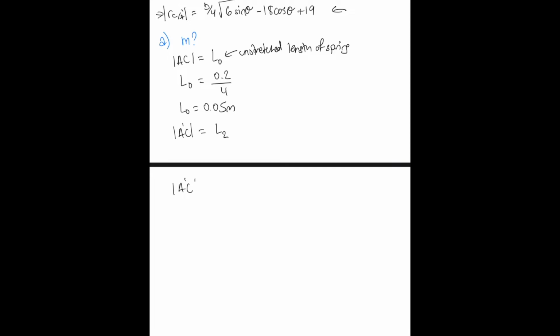To calculate that, we can plug it into this equation over here and plug in our theta of 30, because that's the maximum. This gives us the maximum value of AC, which is 0.127 meters, which is also equal to L2.